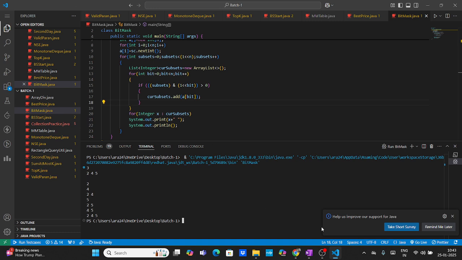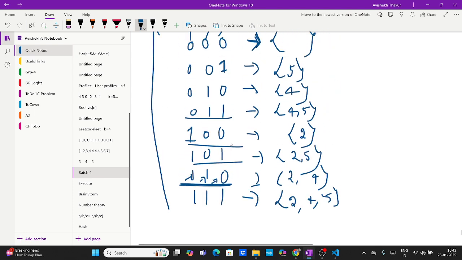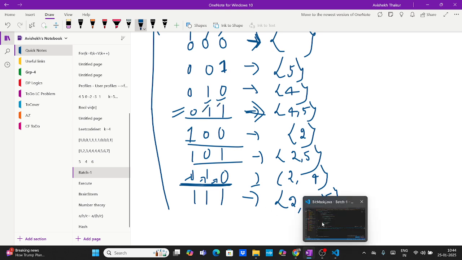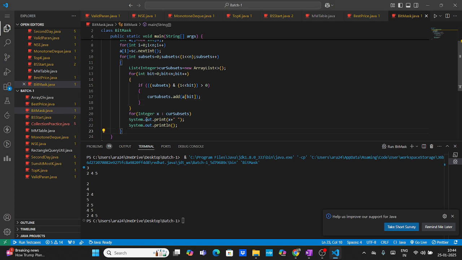So if the resultant value is greater than one, you include it. You have this number, this is nothing but 011, right? We are saying that this number and this number we need to take, correct? So adding means taking these numbers. That's all. Okay, done?